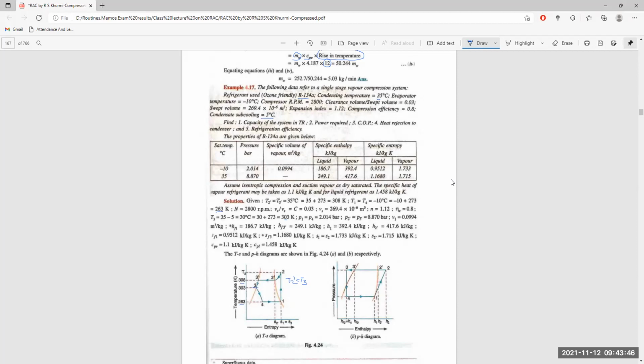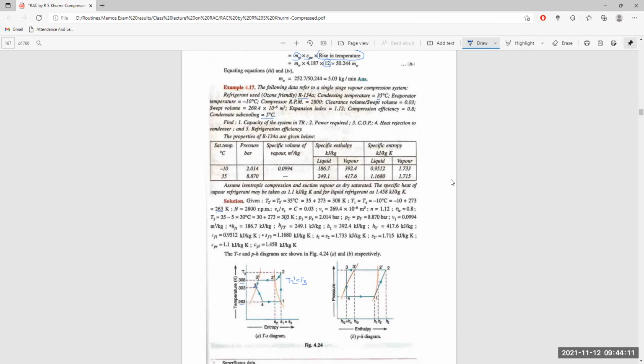So we have got temperature here, here, here, here. But we have not yet got the temperature at here itself. Now, next, we have got a lot of other parameters like clearance volume and swept volume ratio, what is the swept volume itself, expansion index, compression efficiency, etc. Let us see how we can use all these factors.